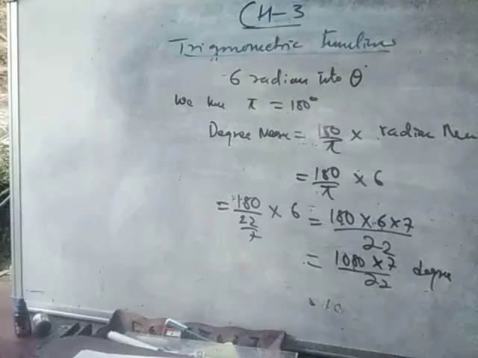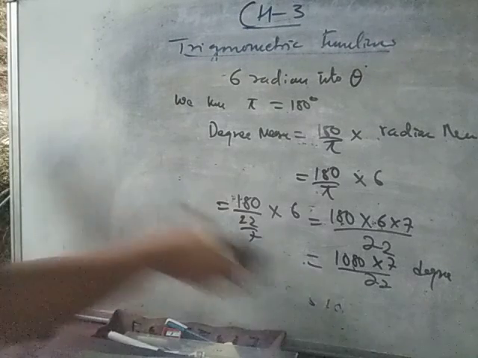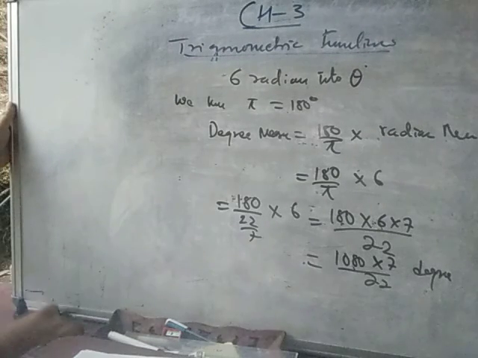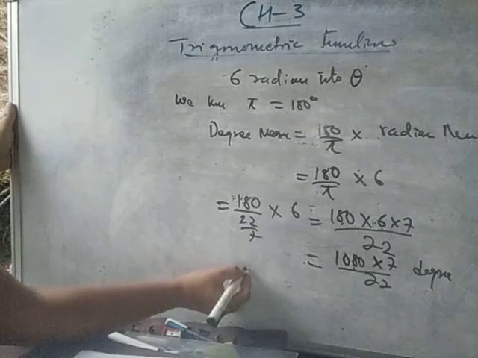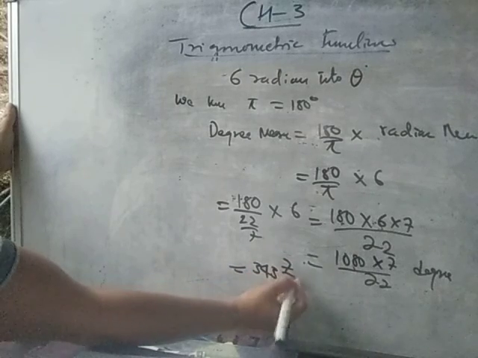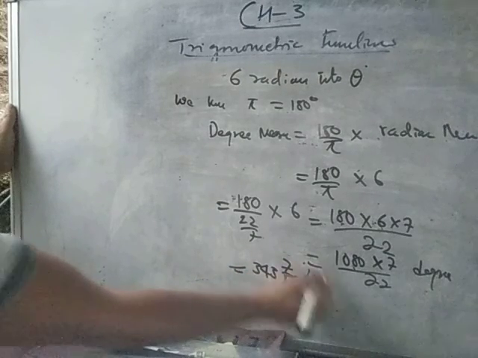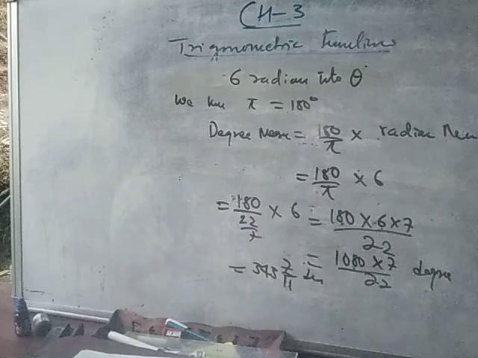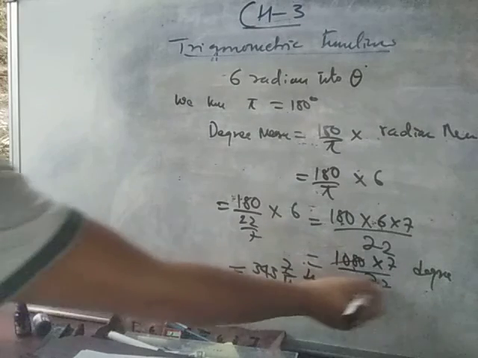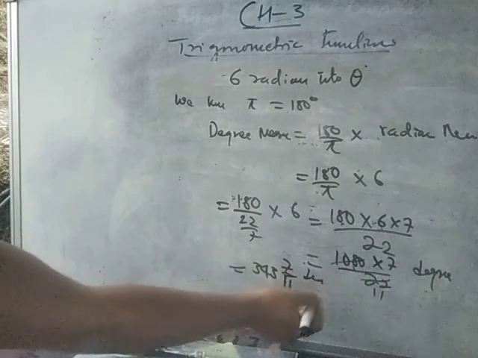So how much will you get? Now if you divide, then you'll get 343 and 7 by 11 is your remainder. Okay, degree.